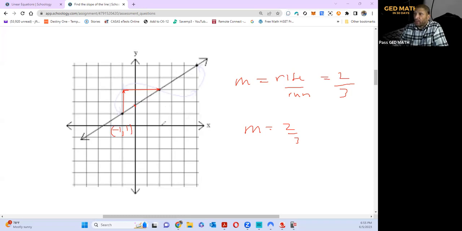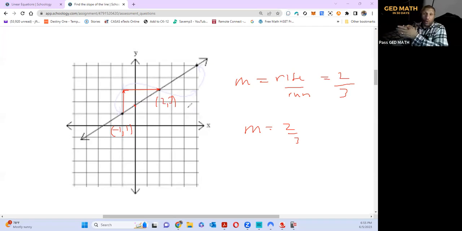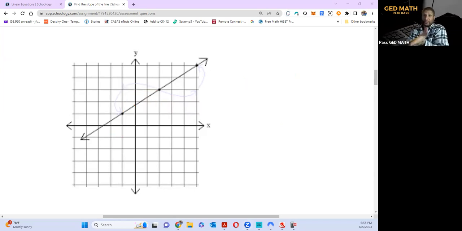This point is 1, 2. Then you use your slope and your point to get your y-intercept. It's going to come out to a decimal right now, so we're not going to worry about it. But these are the steps you have to go through, so if they ask you any questions, you're prepared for it. But that's easy. What's next?